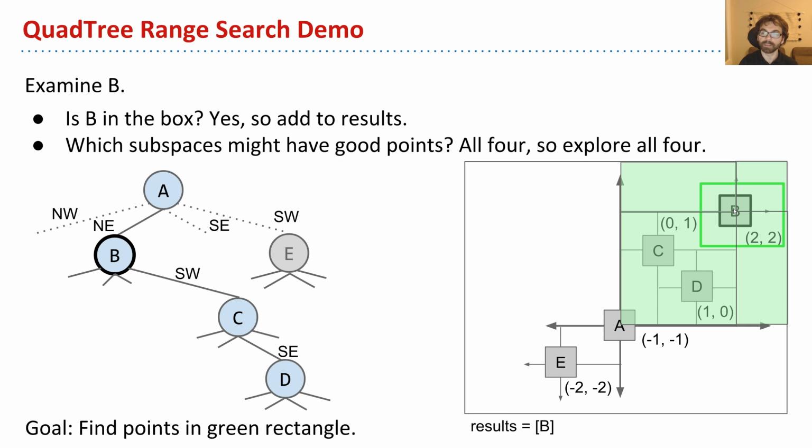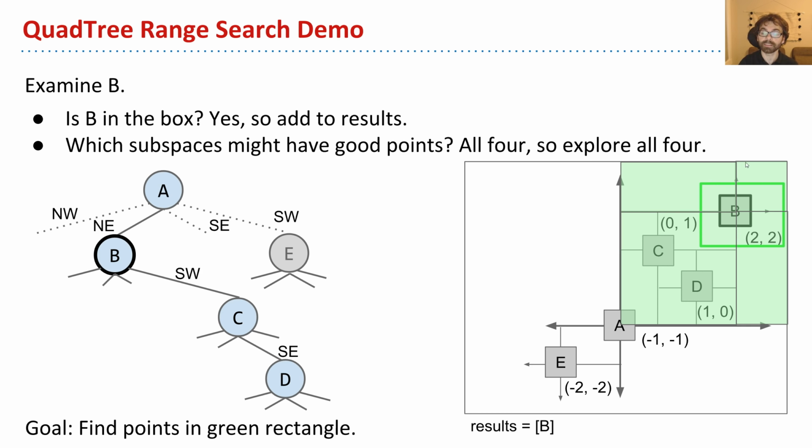One quick note is that B's subspace does not include all this stuff over here, because B is a northeast child of A. So the space that it owns won't include anything outside of the northeast corner of A's universe, right? It's a recursive data structure that shrinks the space as you go deeper and deeper into this quad tree. So be aware that B's spaces are just what we see here.